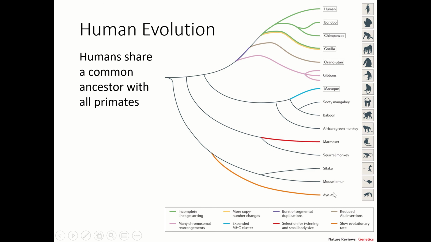The more different the modern organisms are, the farther back that common ancestor is. When we look at a tree like this, the number of branches between organisms tells you how closely related they are. So bonobos and chimpanzees, a bonobo is just a different kind of chimpanzee. There's only one branch between them. They are what we call sister species.